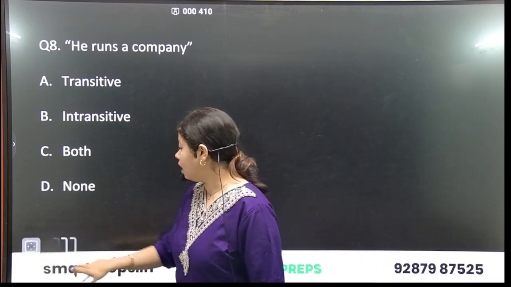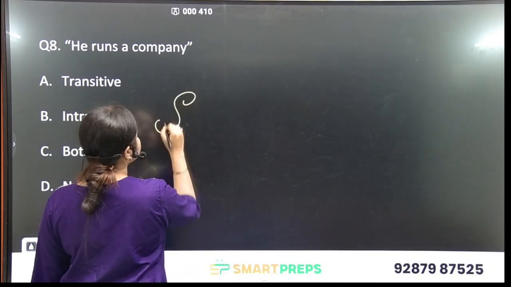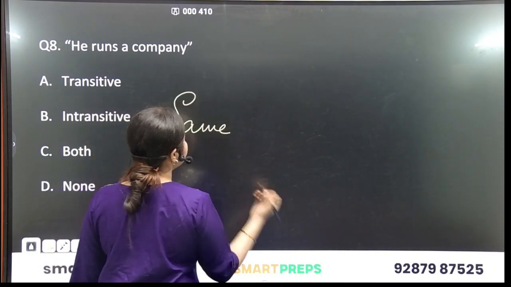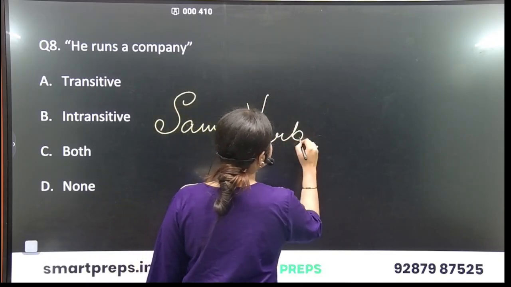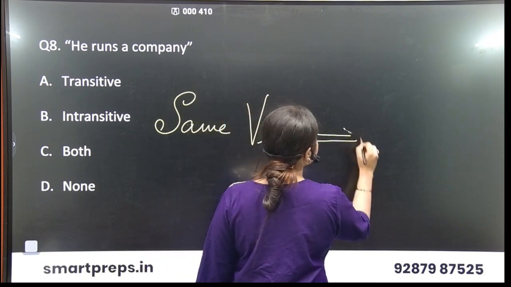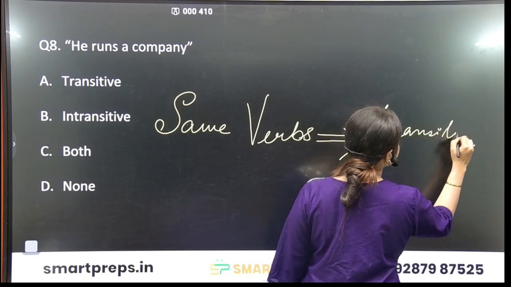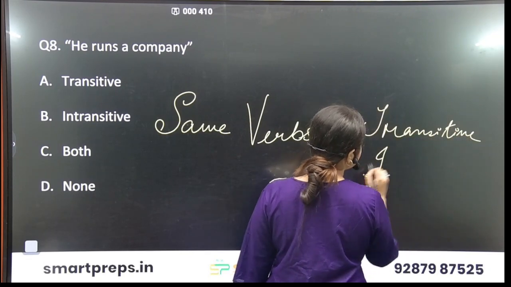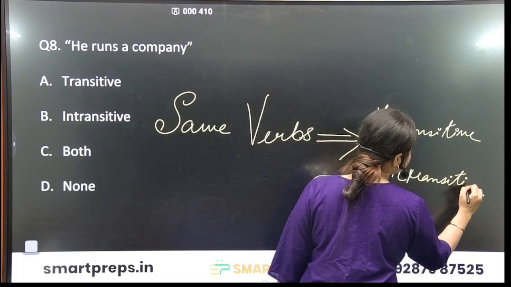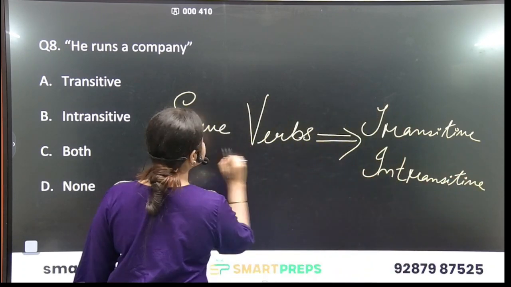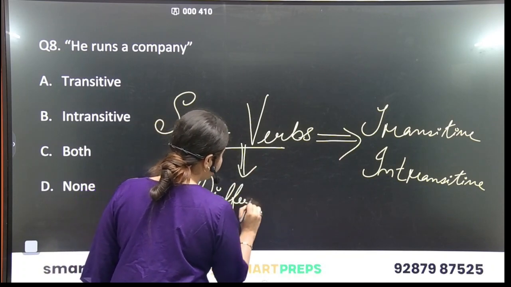Now I told you that there is an important rule that there will be some verbs that can be used in both conditions, whether transitive or intransitive. Although they are the same verbs, there are different roles in each case.